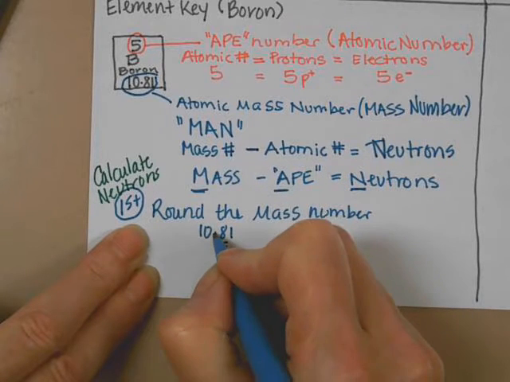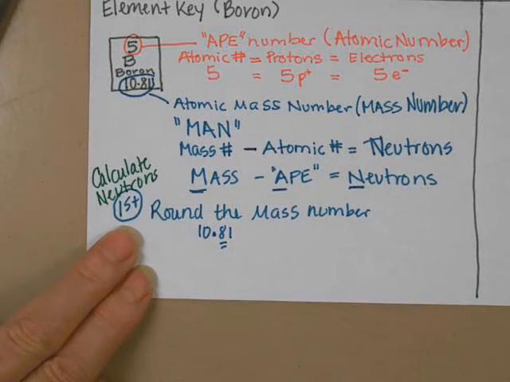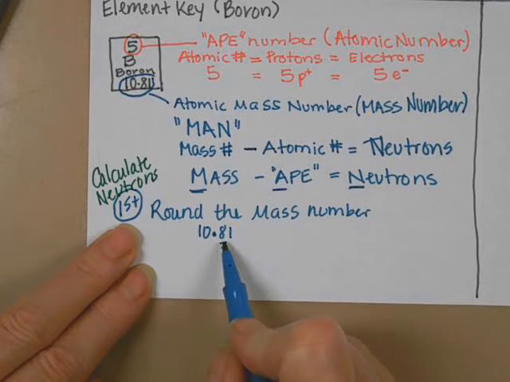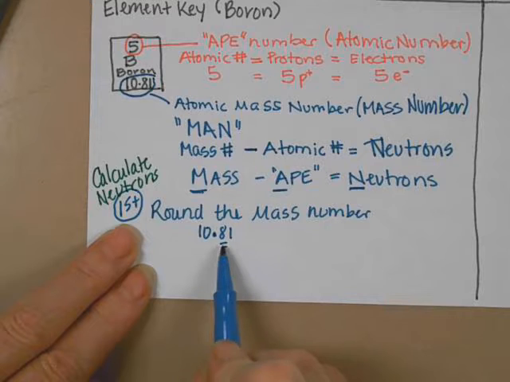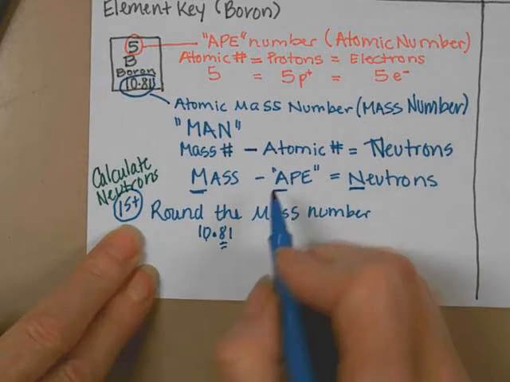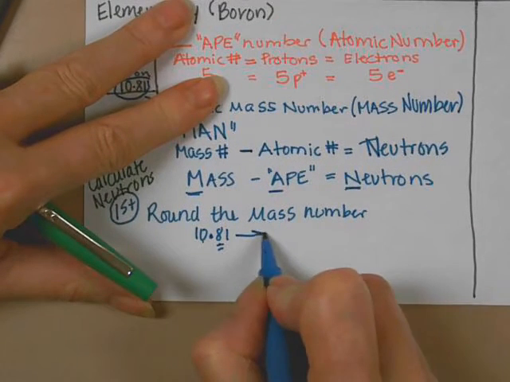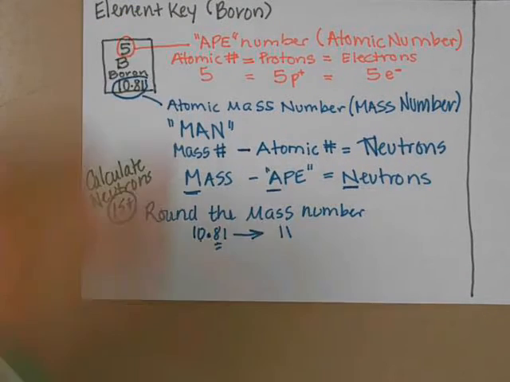This is the number that determines if you go up or down. Remember, 0 to 4, you go no more, so it would stay at 10. But if it's 5 to 9 after the decimal, then the monkey climbs and you go to the next number. So my number is going to become 11. Okay? That's the first step.